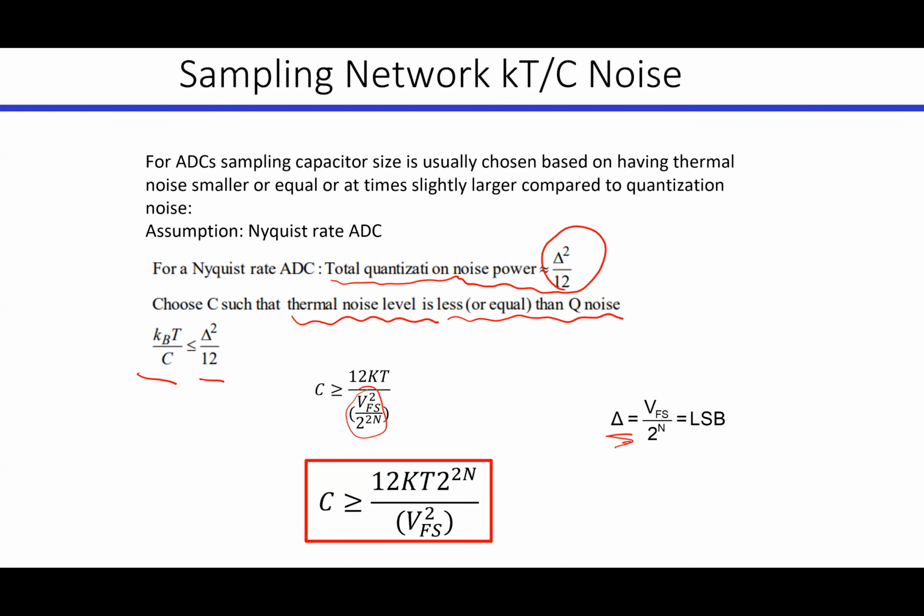Now you are making this design, N is coming in the equation, so you know what your quantization noise is based on your selected resolution. You just want to make sure that at that resolution, you don't have more thermal noise than your quantization noise.